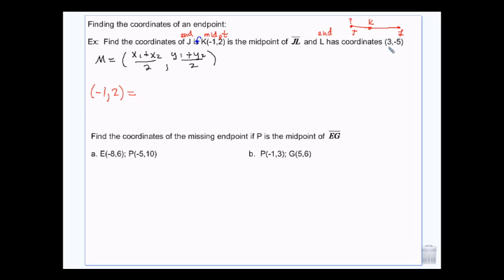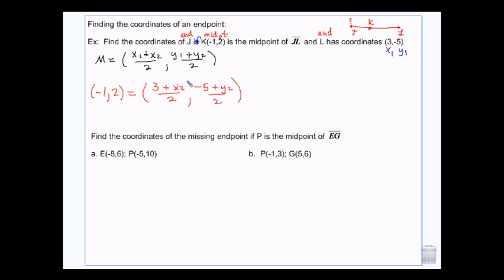We can call this x1, y1. And if we do that, I have 3 plus x2 divided by 2. And I have -5 plus y2 divided by 2. Now I have to figure out how to find these missing x's and y's.